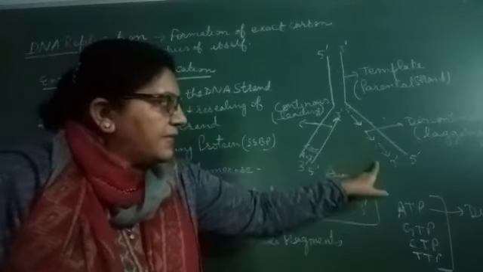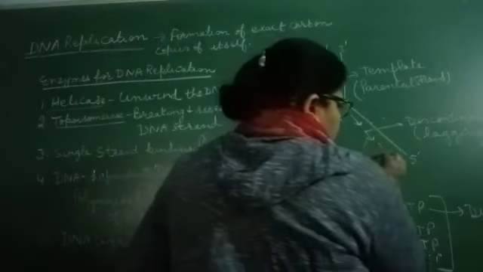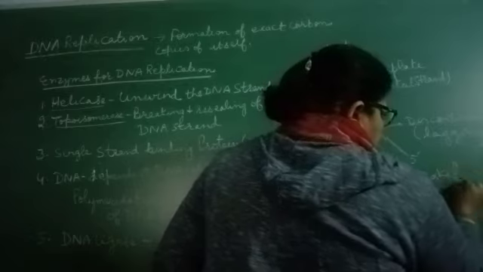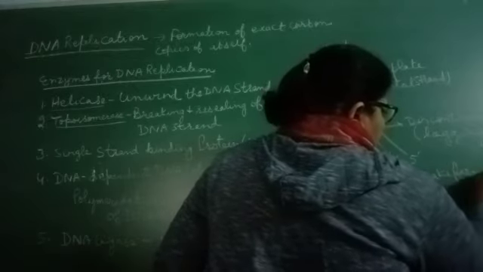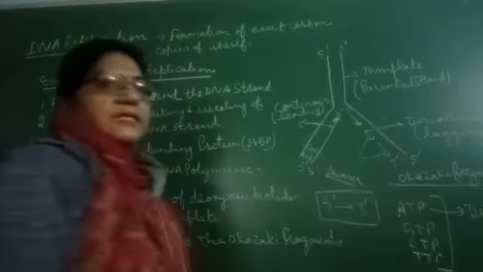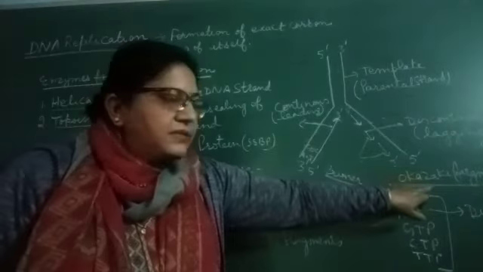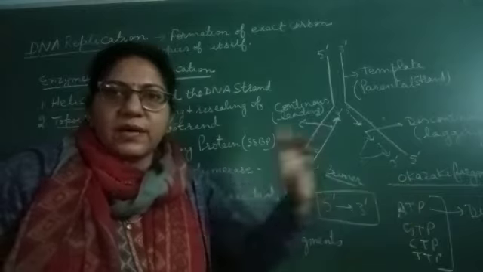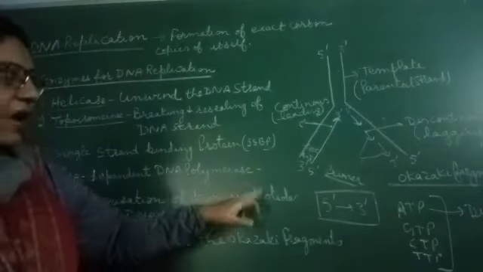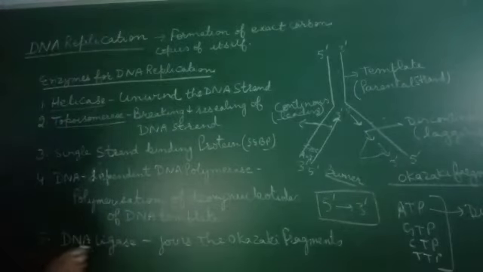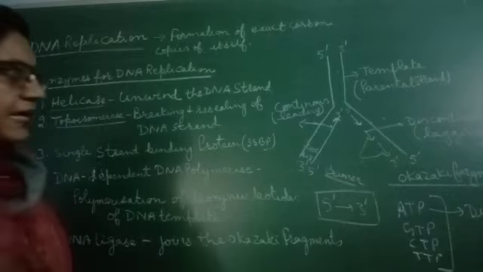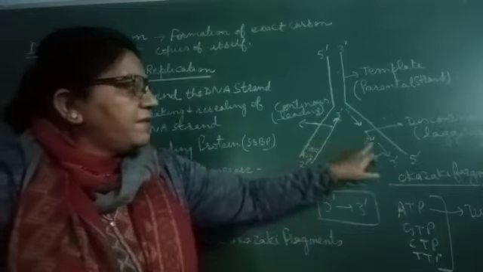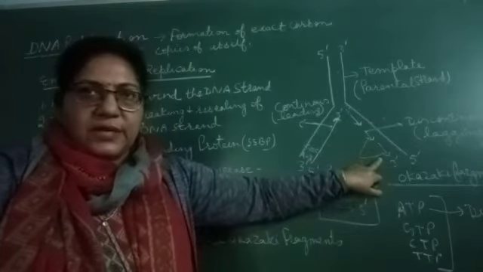Now these fragments are known as Okazaki fragments. They are named after the scientist Okazaki, who described the fragments. Now with the help of the last enzyme, DNA ligase, they all are joined and again form the continuous strand.